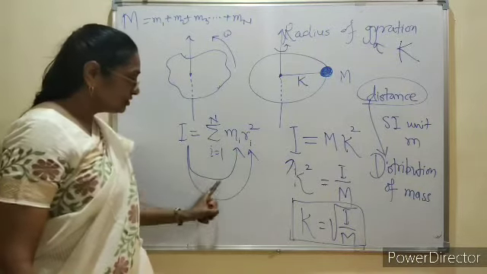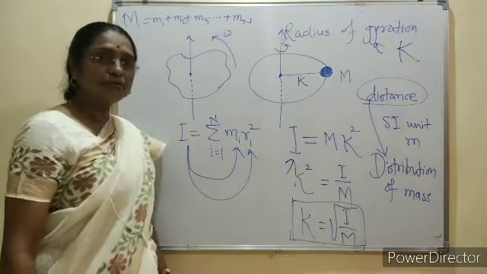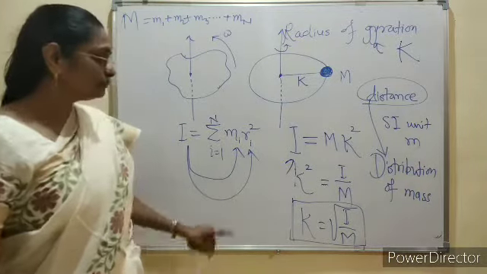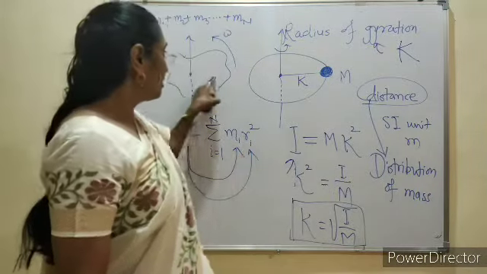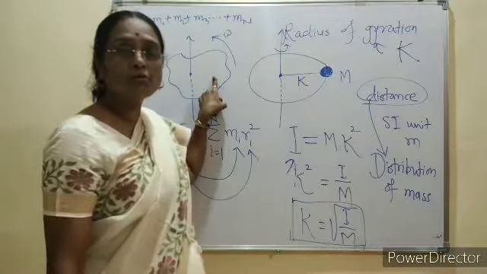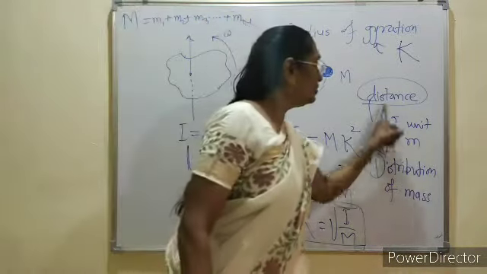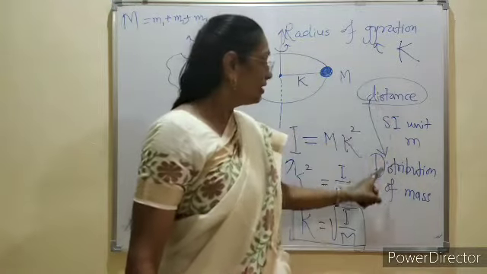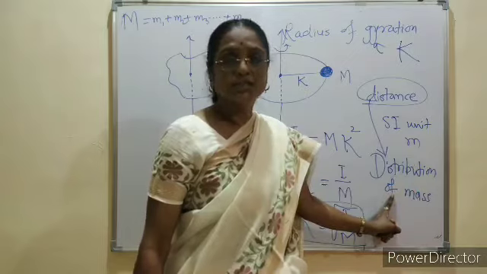So these two factors determine the moment of inertia. There, the distribution of mass was considered in the form of distances like r1, r2, r3. Here there is only one distance, but it gives the idea of distribution of mass in the body.